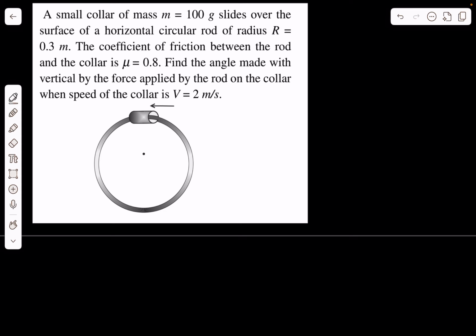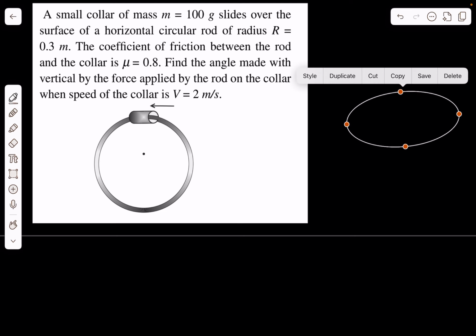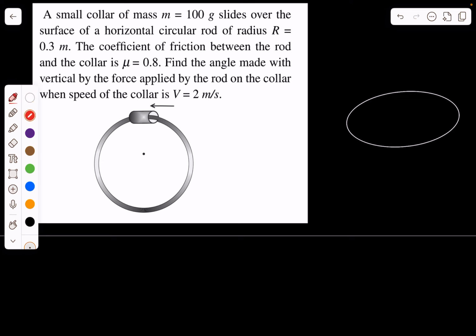So if we draw the free body diagram of the collar, let's draw the ring first. This is the ring, let us say, and let's say this is the collar. The collar is small, so we can neglect the dimensions of the collar.